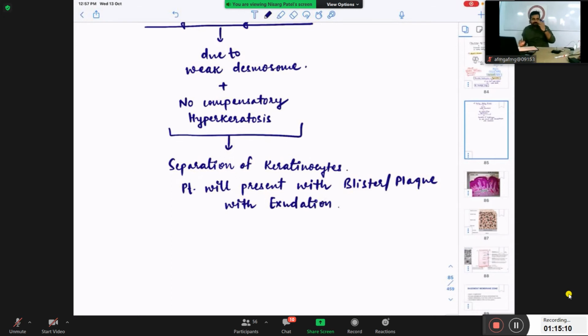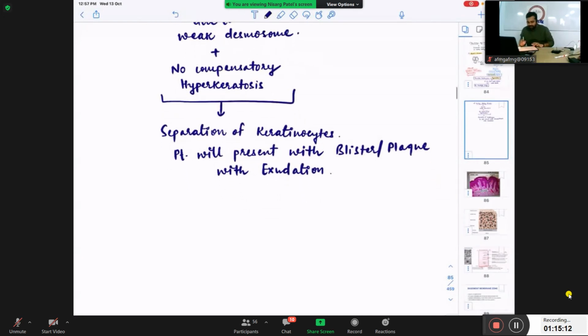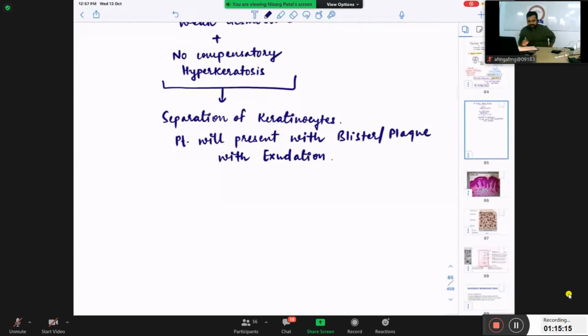So if they are infected, it can produce exudation also. So transudation is when the fluid is oozing out. When we say exudation, the infection is involved. So if it is a clear liquid, no infection, then it is a transudation. It is just a matter of what is going on in there.